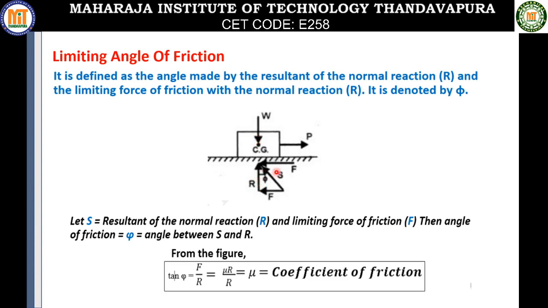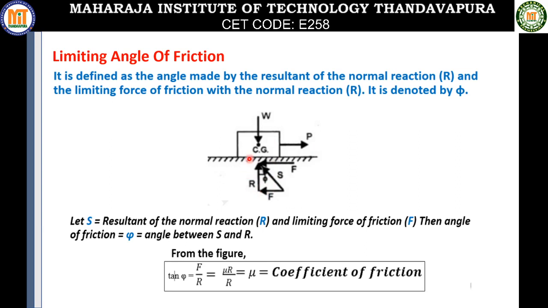So using these two forces, frictional force and reaction force, I can have a resultant force called as S. So the angle between the resultant force S and the reaction force R, that angle is called as limiting angle of friction. By definition, it is defined as the angle made by the resultant of the normal reaction and the limiting force of friction with the normal reaction. That is denoted by phi.